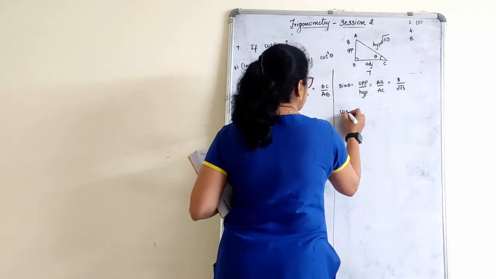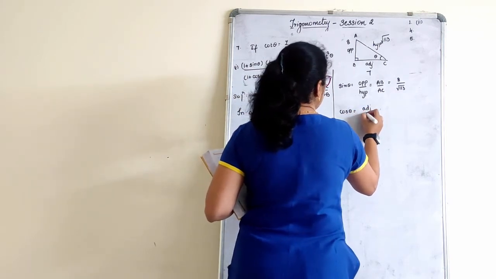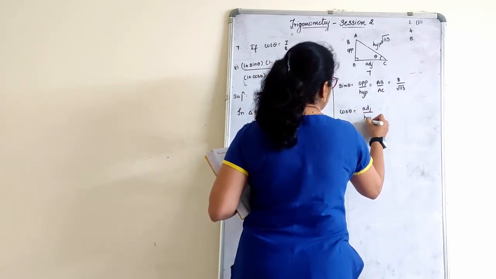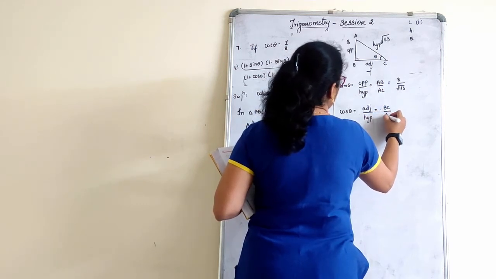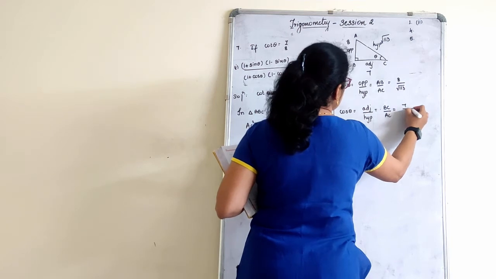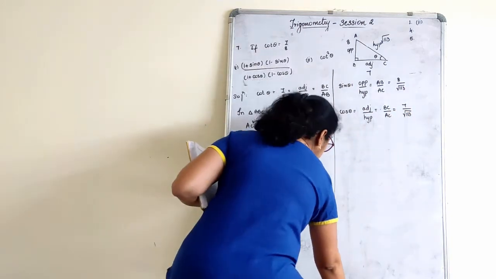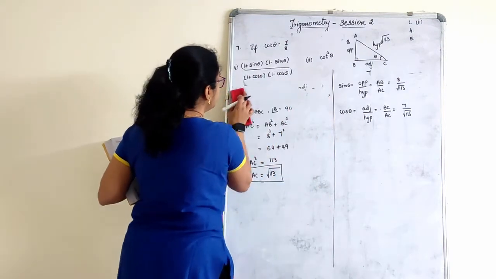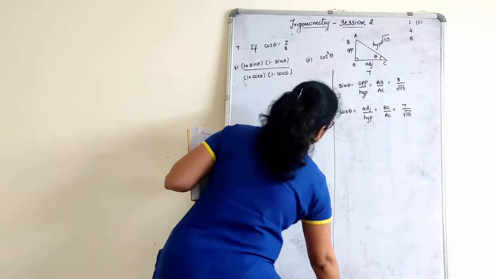Cos theta is equal to adjacent upon hypotenuse. Adjacent is BC upon AC, that is 7 upon root 113. I'll just erase this part. You can solve it here. After you finish this, recopy this first one once again.